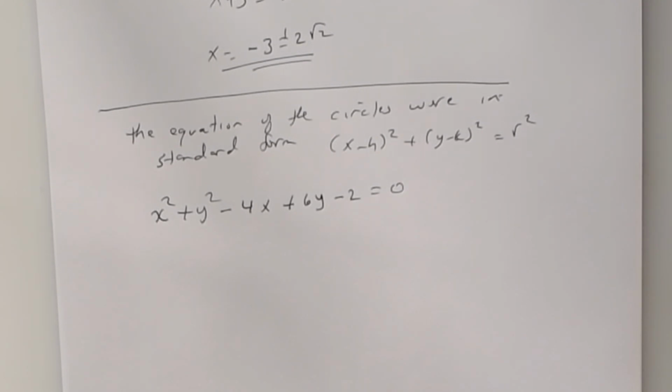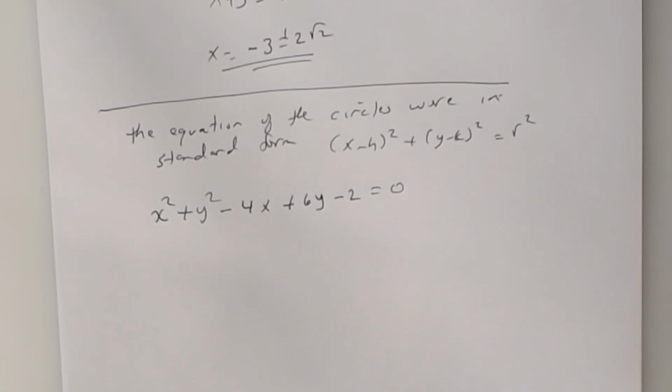That equation there, can you tell me what the center and the radius is? Can you look at this and tell me what the center and the radius is? No. I wanted you to say no. Even if there was a way, we don't know, because it's not in standard form.